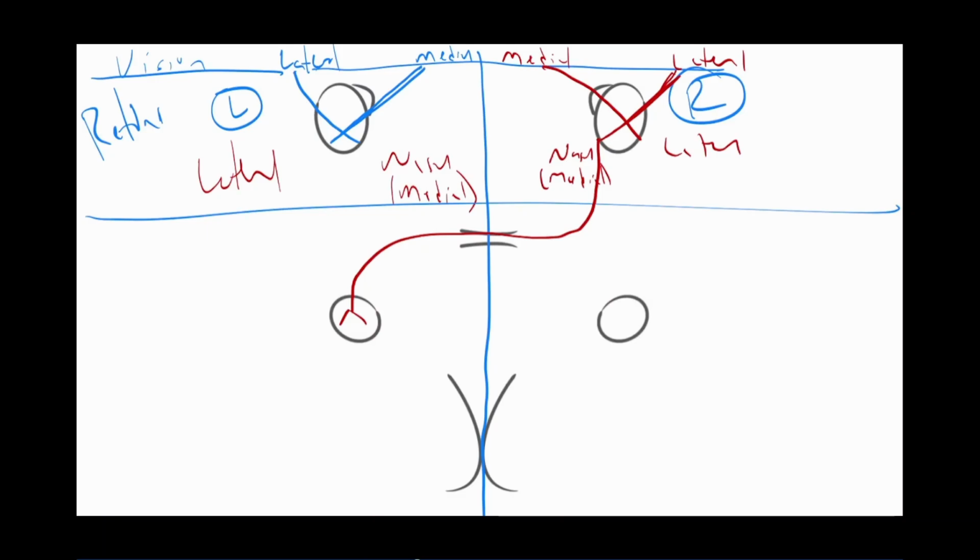The converse happens on the other side. The lateral vision comes in and it crosses the optic chiasm and it goes into the thalamus. What is the specific location in the thalamus, the collection of cells that process our visual?